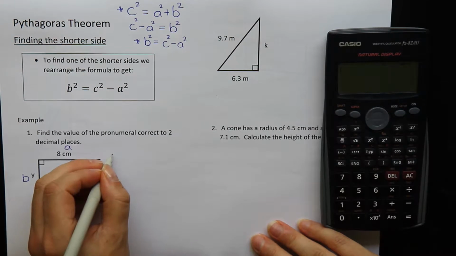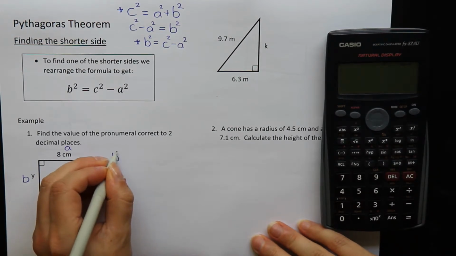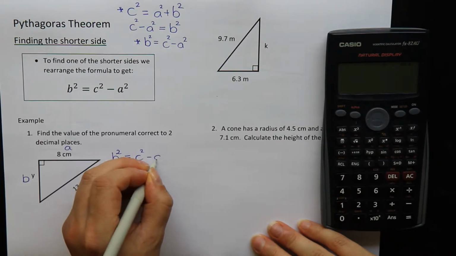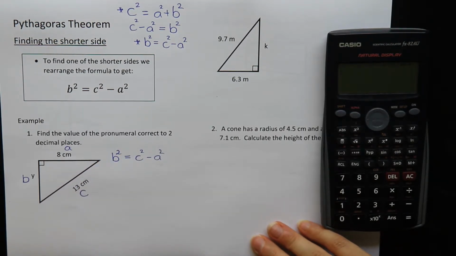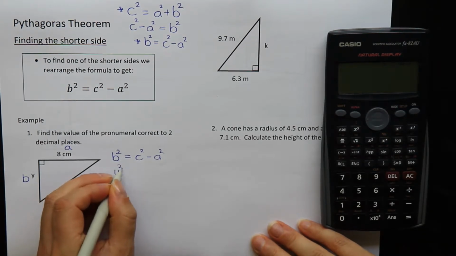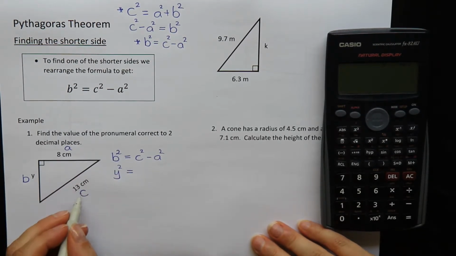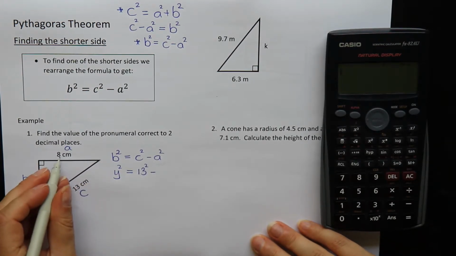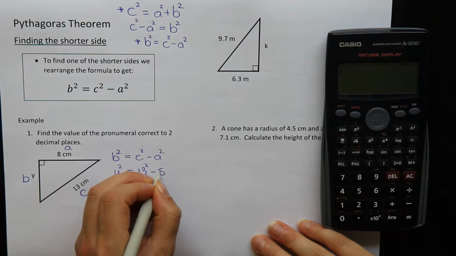So if I write down our formula to find the shorter side, b squared equals c squared minus a squared. And we substitute in, b is y, so y squared equals c, 13 squared, minus a squared, a is 8, so 8 squared.